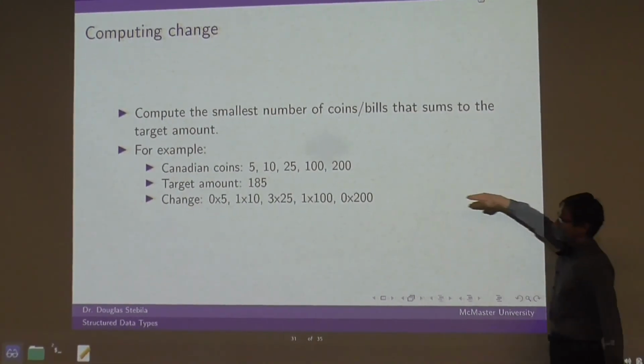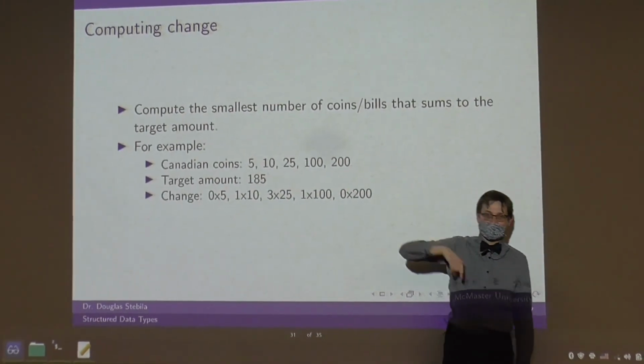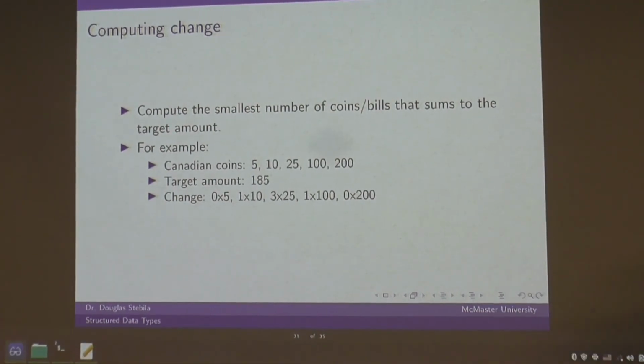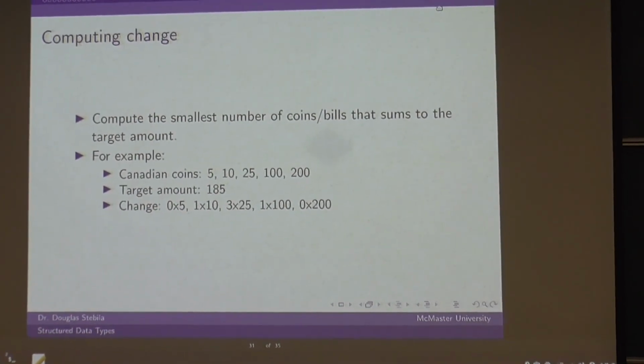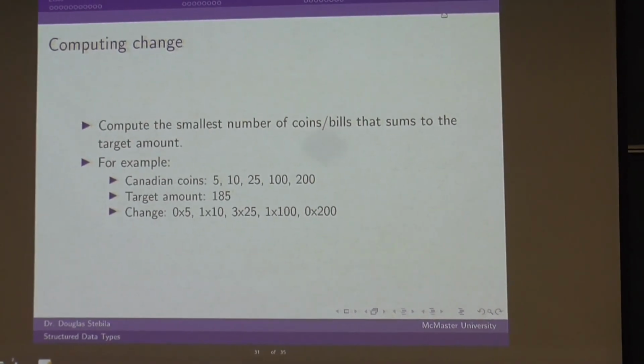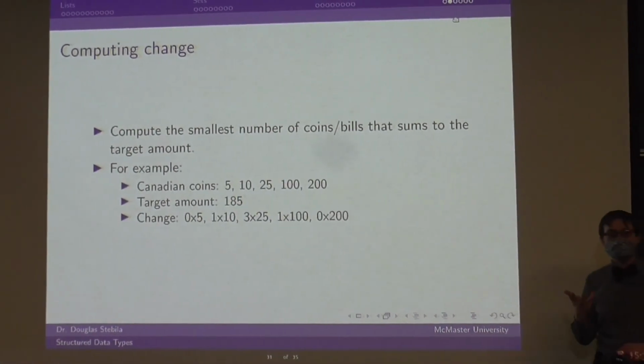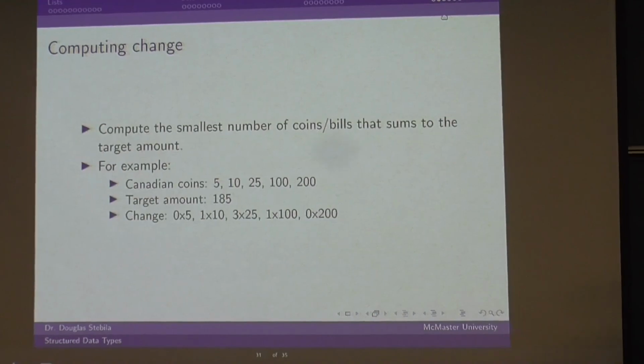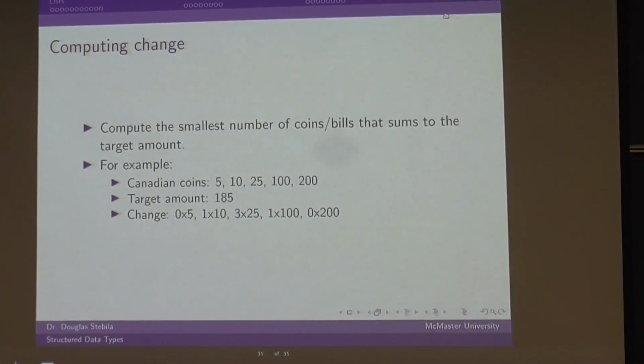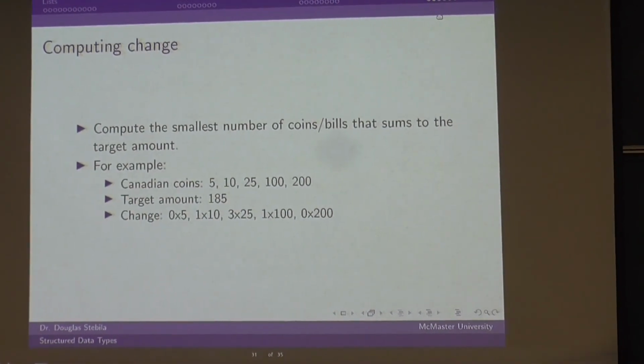What is the minimum number of coins that you can give them that forms the correct change? There are going to be multiple correct answers, quote unquote, because there are multiple ways you can give the change back.